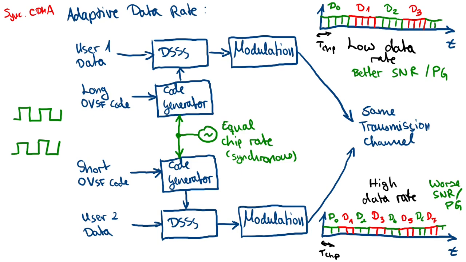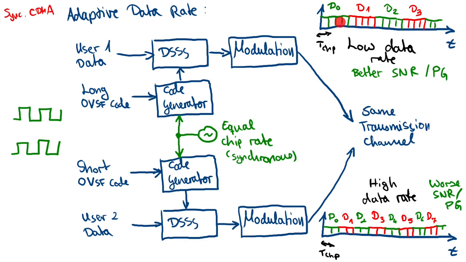And now we want to assign different data rates to users. This can have different reasons. One reason is that for a low data rate, you get a better processing gain because you encode one data symbol with more chips.